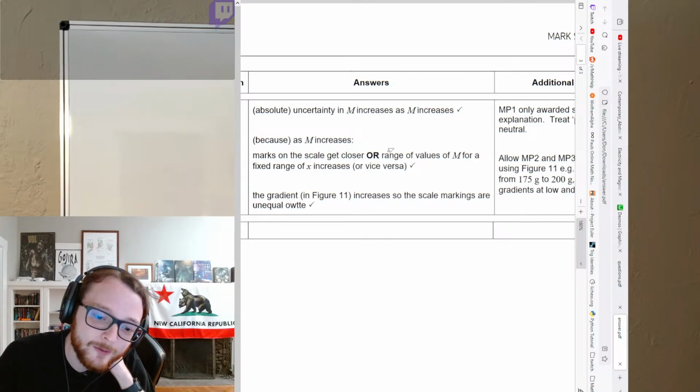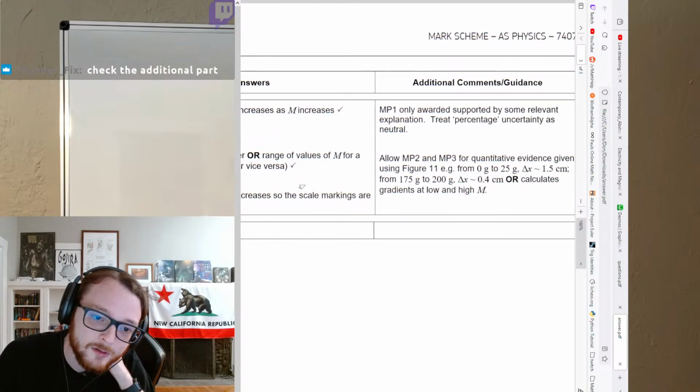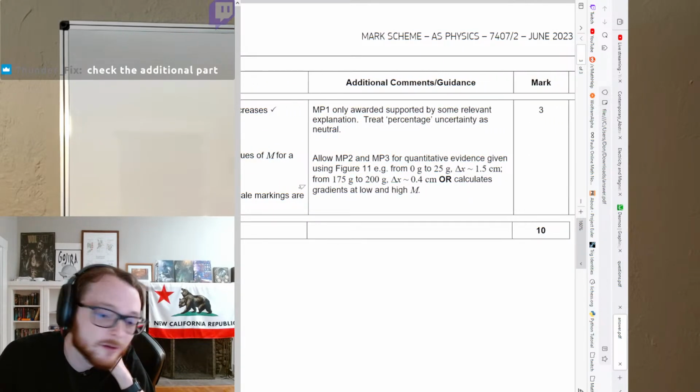Or range of values of m for a fixed range of x increases. Should I have read the question closer? Check the additional part.